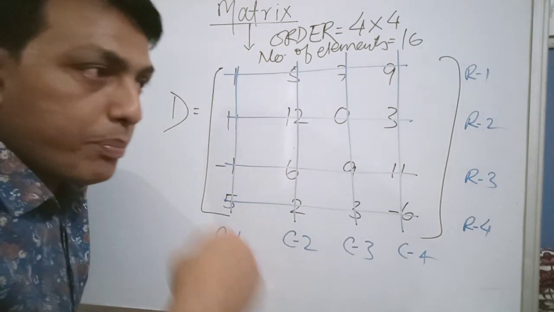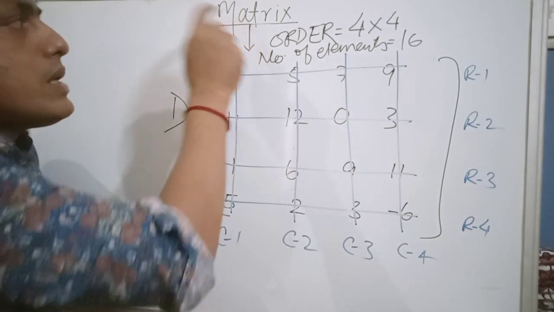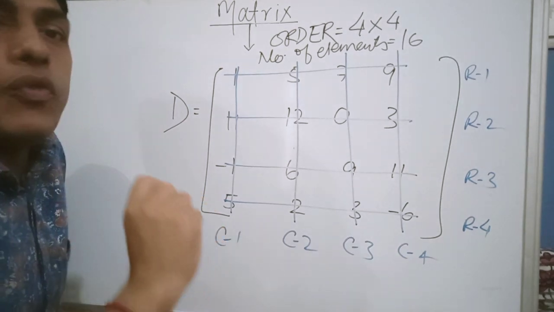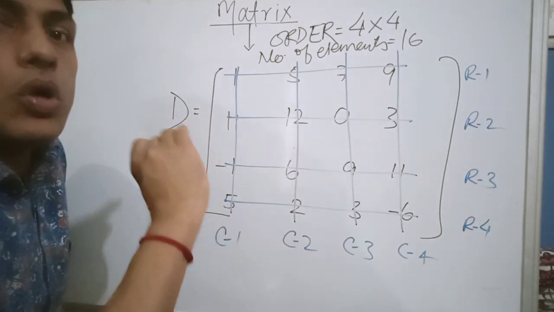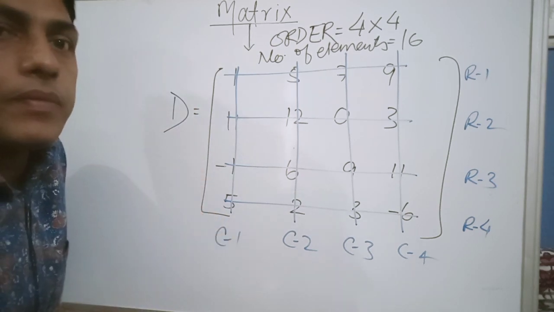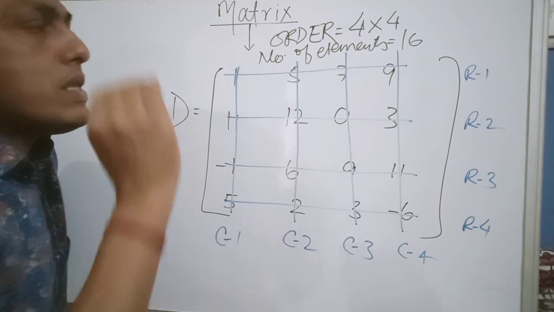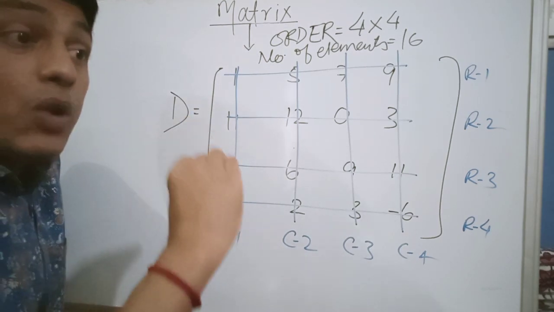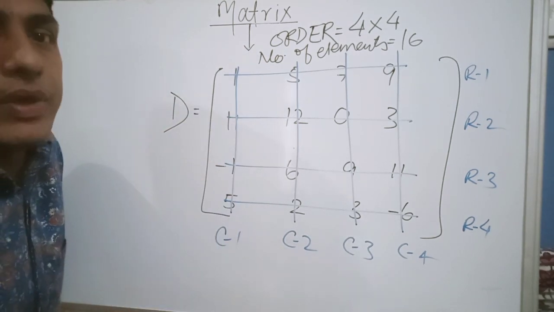So I am going to repeat it again. Matrix is the arrangement of any number in horizontal and vertical forms, or matrix is the rectangular arrangement of any number.